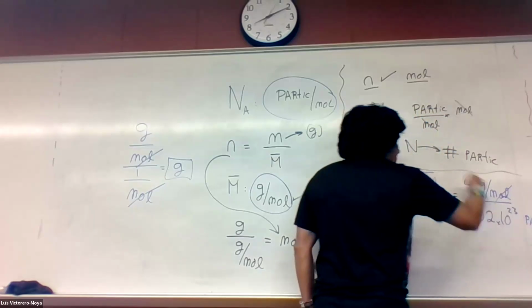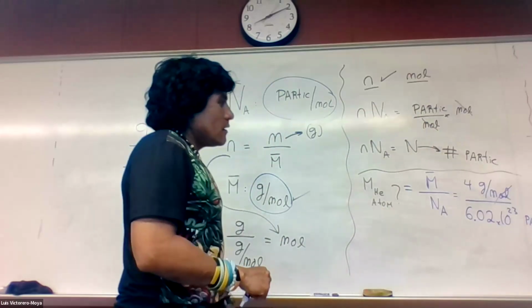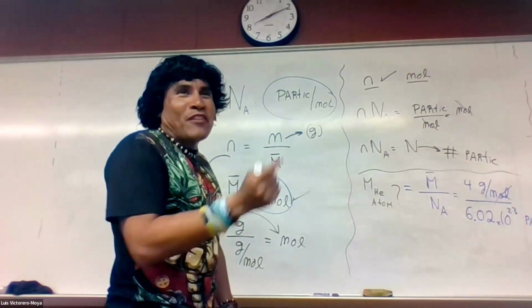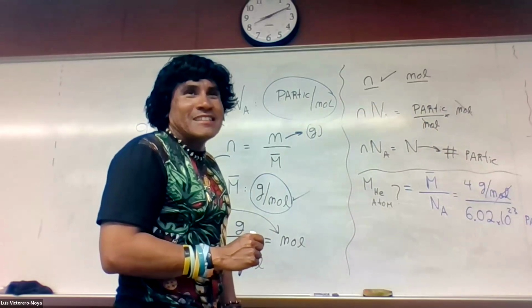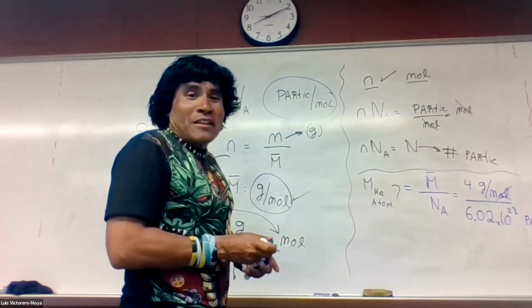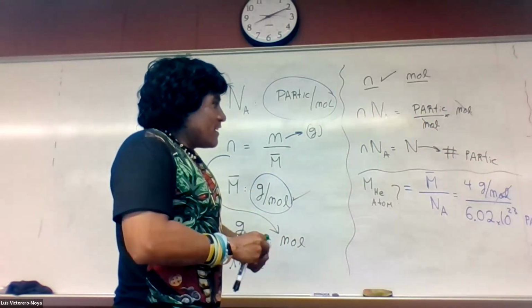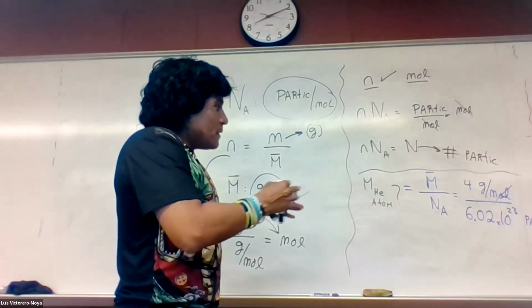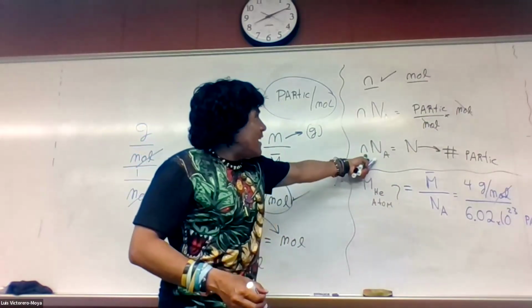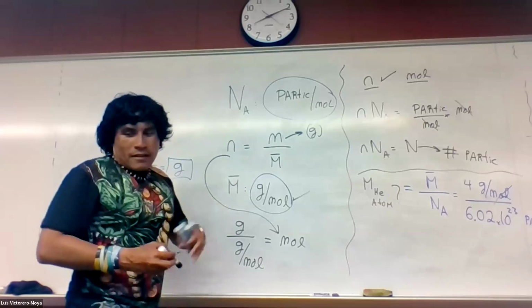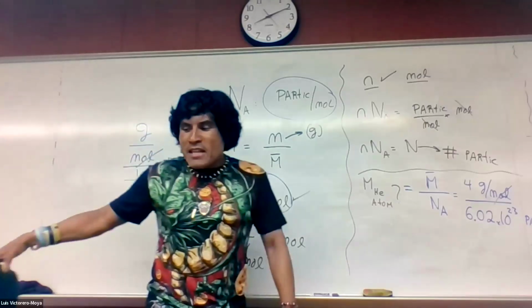So moles cancel and you get grams, a very small value, as you would expect. You're finding the mass of an atom of helium. Really nice, right? These fractions have a meaning.